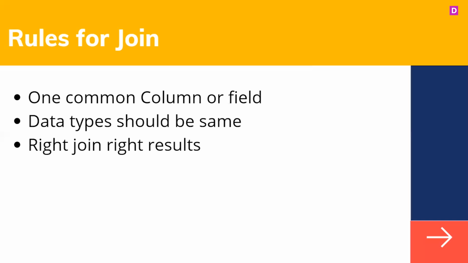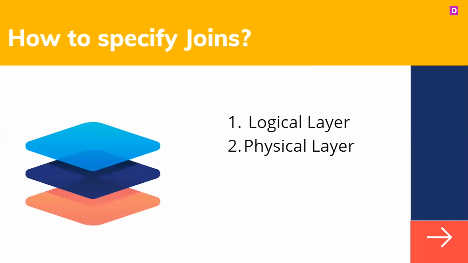In case the join that you have selected is not valid for the tables, then the join will not be accurate, and it also won't give efficient data analysis results. So these are some of the rules that you need to keep in mind before you start working with your joins. Okay. Now, how do I specify a join in Tableau?